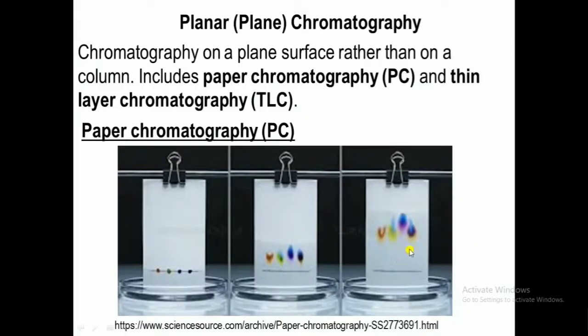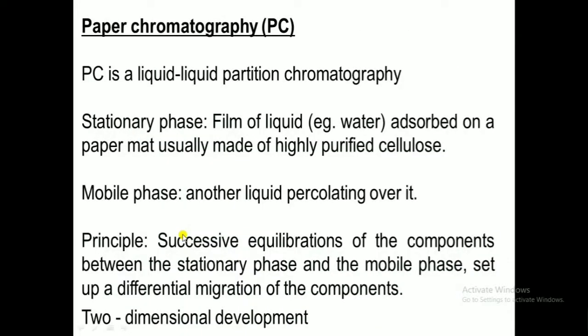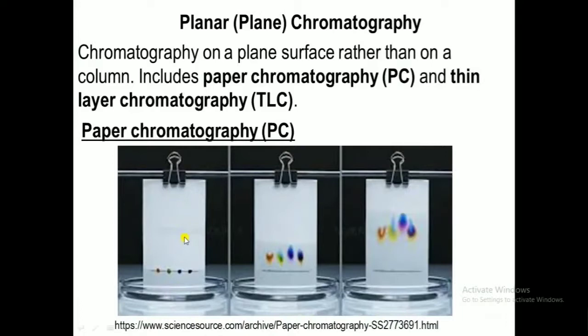At the same time, you can also see that the distance traveled from this baseline by the different spots is different. That's how the separation is happening, which we will see later. Anyhow, we have a stationary phase which is a liquid coated on a paper, and a mobile phase which is a liquid kept at the bottom.